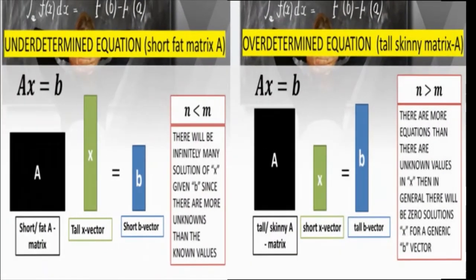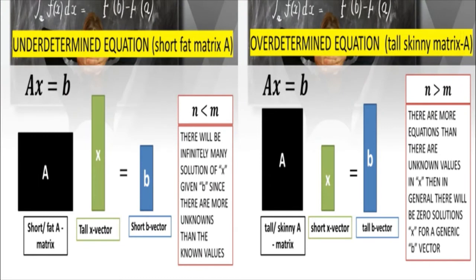Now, let us compare the two equations, the underdetermined and the overdetermined equation. In the case of the underdetermined equation, there are more unknown x values compared to the known values given B, which results in many solutions.